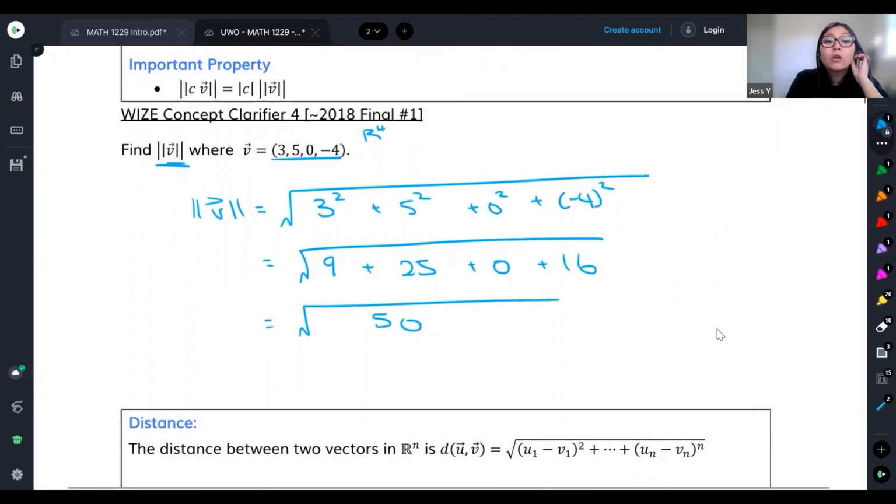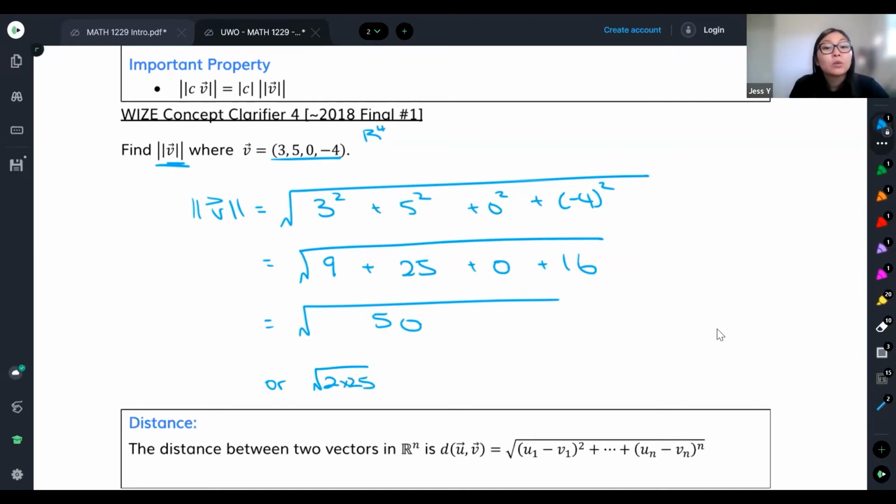Now, on older past exams, if you get your hands on some really, really old ones, they made students simplify it a little bit more. So I'm just going to quickly prepare you just in case whoever makes the exam this year decides to do that. 50 technically is 2 times 25, right?